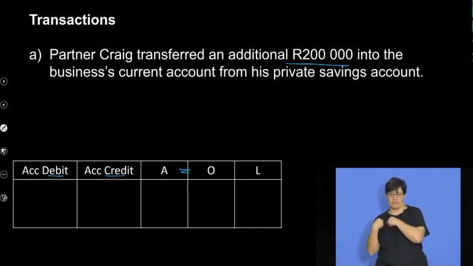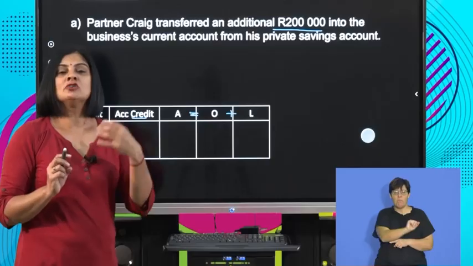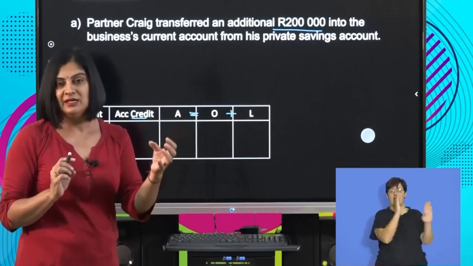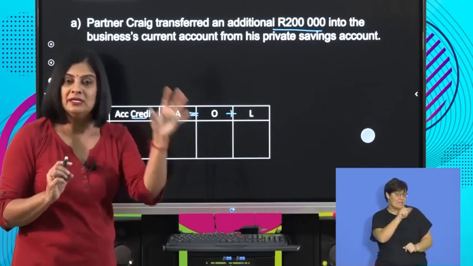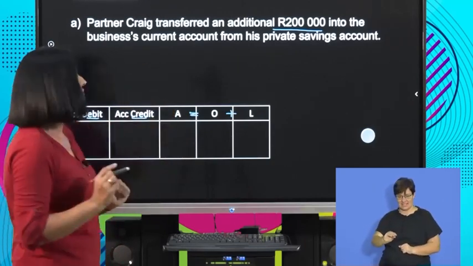So I like to quickly just say A is equal to obviously O plus L. Right, so let's go back to our transaction. Partner Craig transferred an additional 200,000 Rand into the business's current account from his private savings account. So obviously he is investing additional capital into the partnership, into the business.